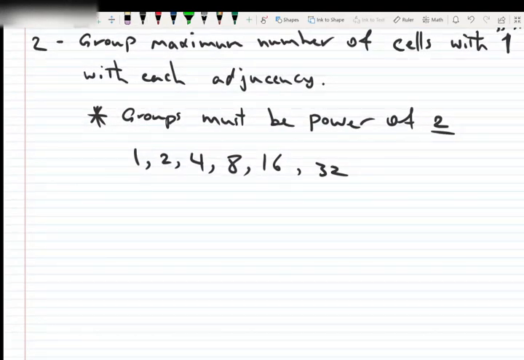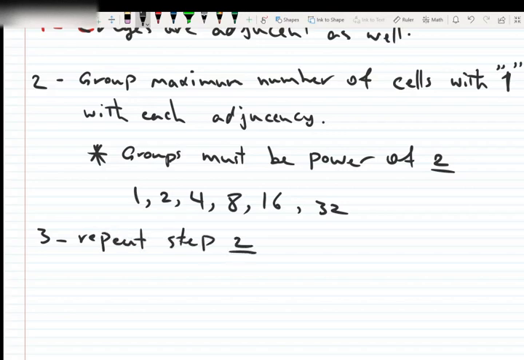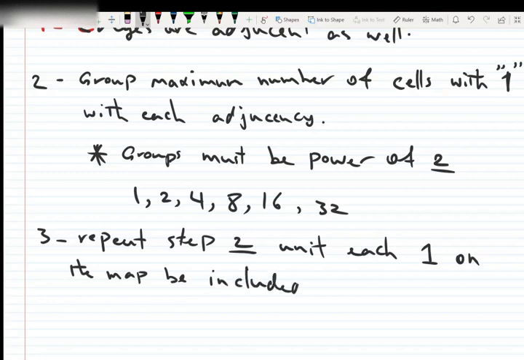When we group them, repeat step 2: we group other cells with other adjacent cells together until each 1 on the map is included in at least one group.